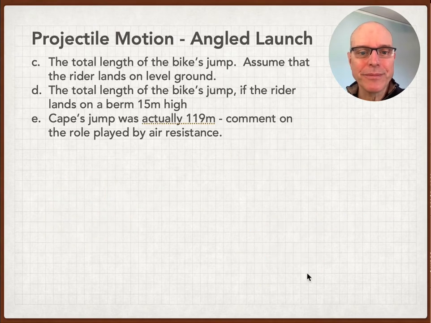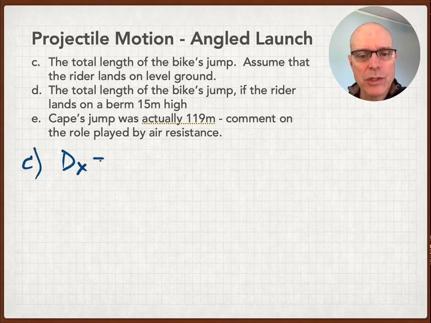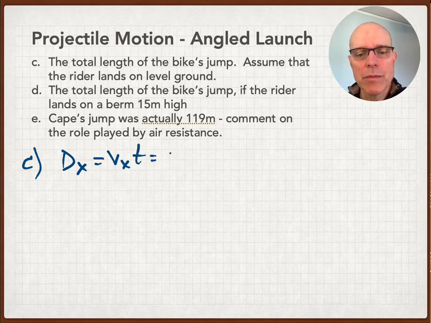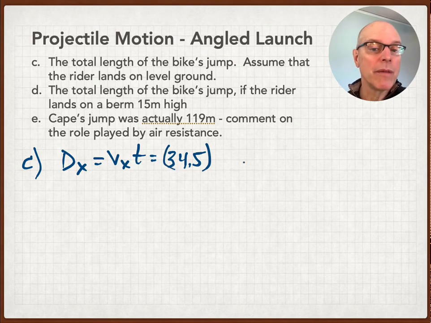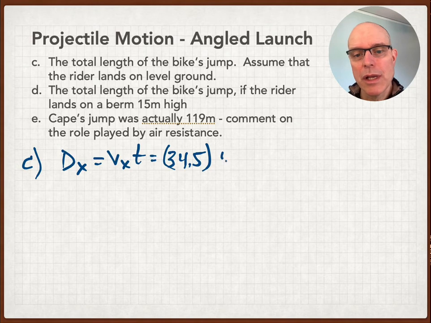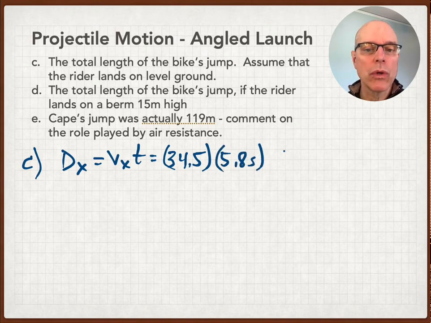We'll wrap it up. So assume that the rider lands on the ground. Question C, how far does he go? This is just going to be dx, constant velocity, equals Vx times t. So this is going to be 34.5 meters per second. And remember that my half time was around 2.9 seconds. I'm going to give him 5.8 seconds here for his total time.